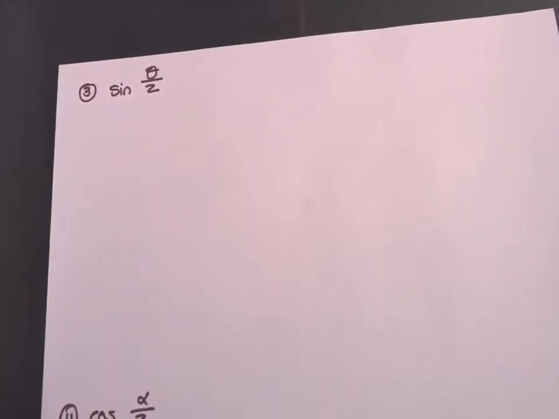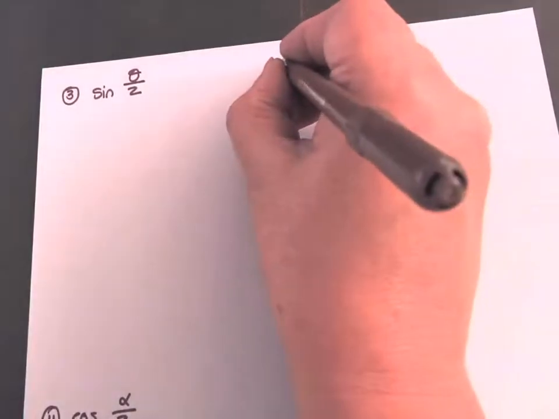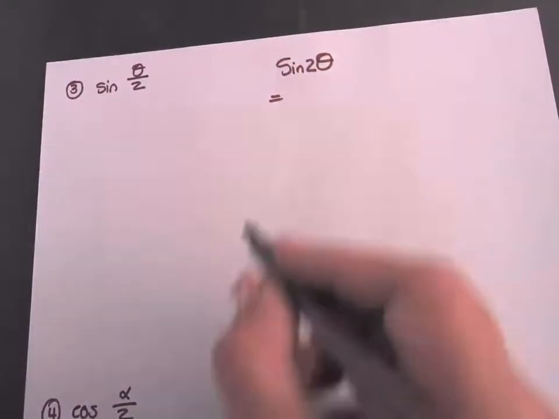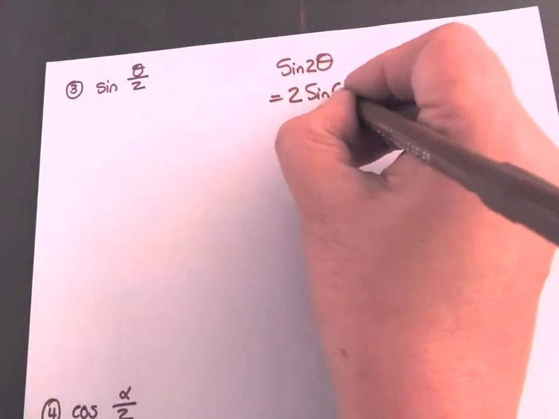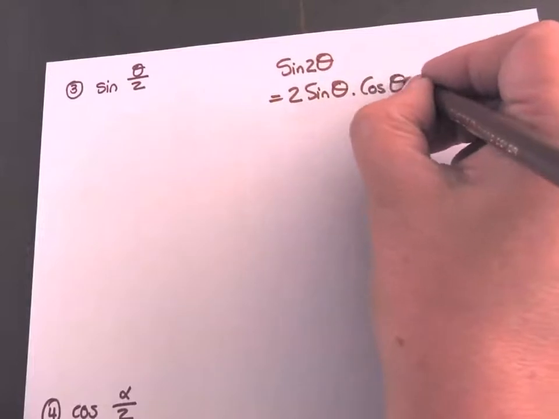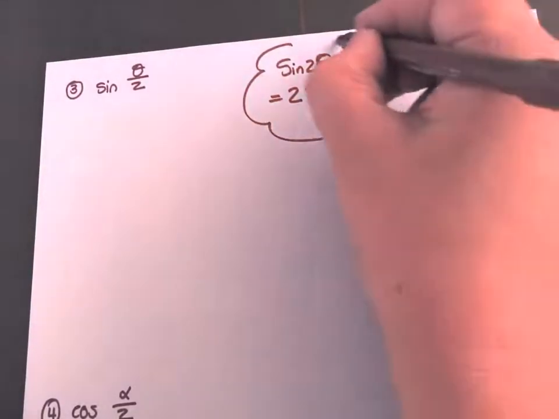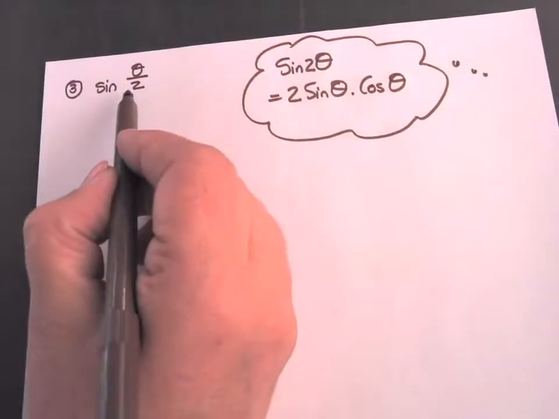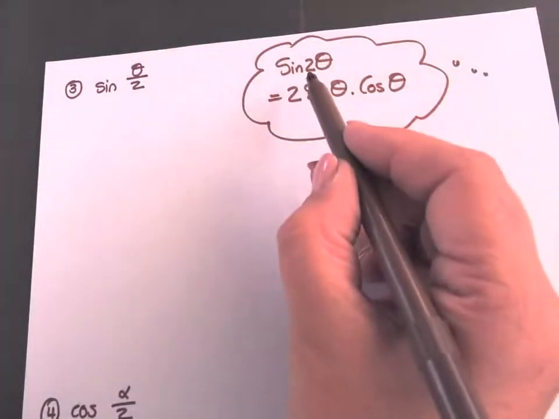It's half angles. Now we know that double angles of sine is 2 sine theta cos theta. Yes. We want to change this half angle to look like a double angle.